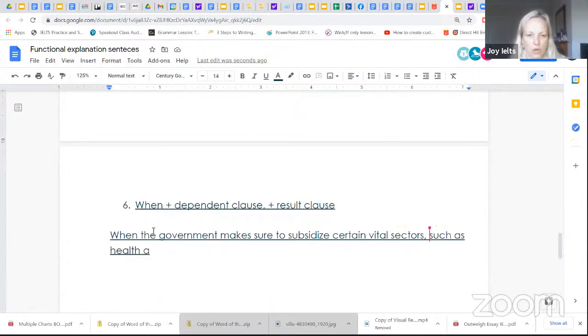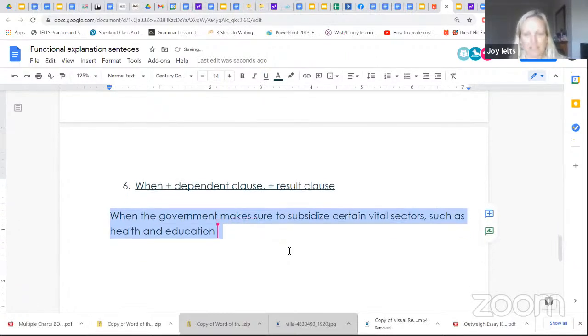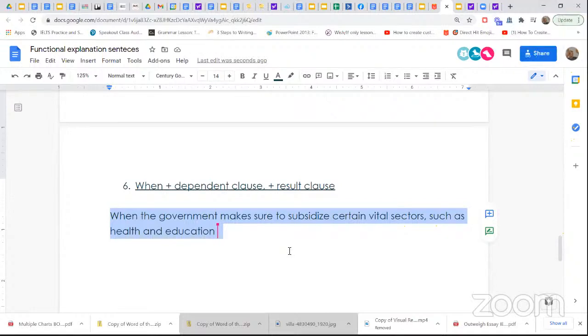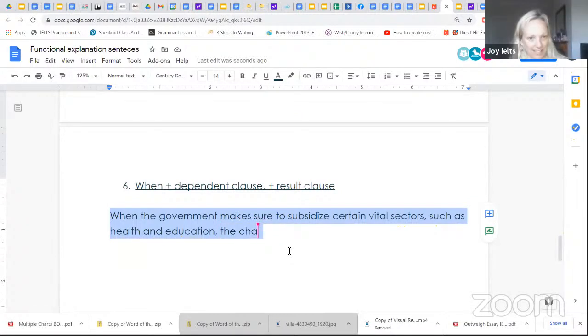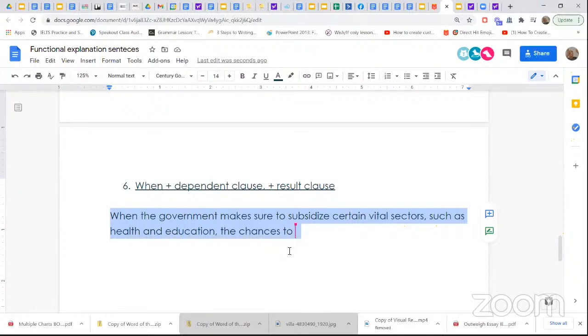Oh, look at this. When the government makes sure to subsidize certain vital sectors such as health and education, good. Society will reap the benefits. The chances to promote the country's economy.